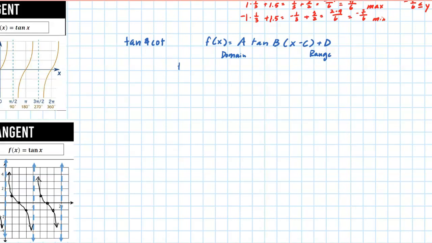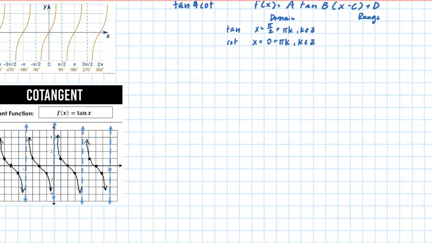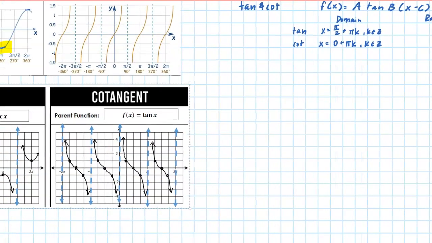So for tangent, it is x does not equal pi halves plus pi k, and k is an element of the integers. For cotangent, it is x does not equal pi k, where k is an element of not all real numbers, but integers. If you look at cotangent, the first asymptote is right here at 0, the one that starts that period.